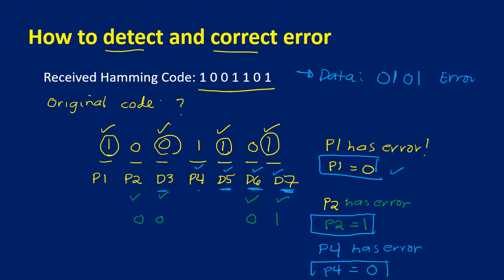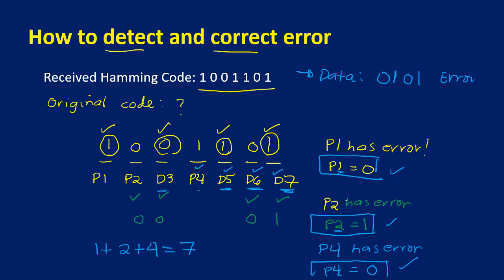If you look at the errors in parity position, what you just need to do is add. So you have 1 plus 2 plus 4. That's you add the parity positions 1, 2, and 4, so that would give you 7.